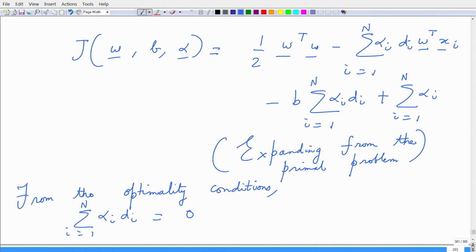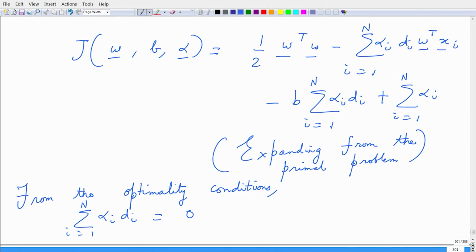Okay. So, we formulate this Lagrangian like this: J of W comma B comma alpha, where W and alpha are vectors, is given by this quantity. What I have done is I have expanded the summation I equals 1 to n over the Lagrange multiplier times the constraint in this form. So, this boils down to 4 terms.